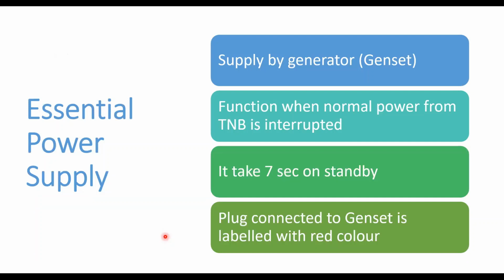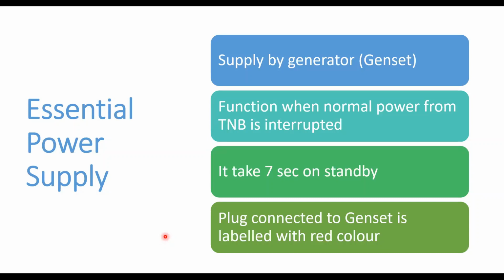So essential power supply is the supply of electricity given by the genset. It functions when normal power from TNB is interrupted. It takes about 7 seconds on standby, so there is a pause of about 7 seconds before the generator power supply comes into function.